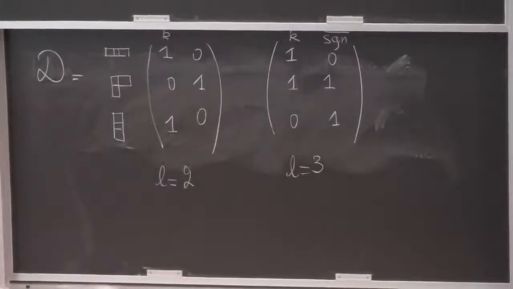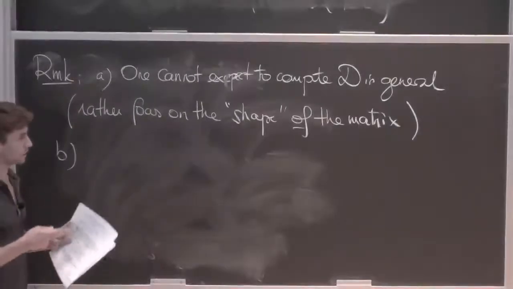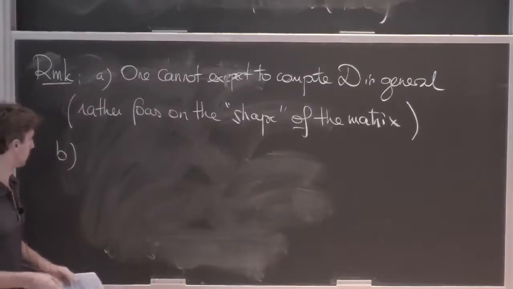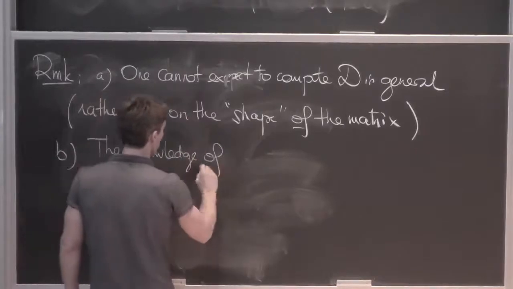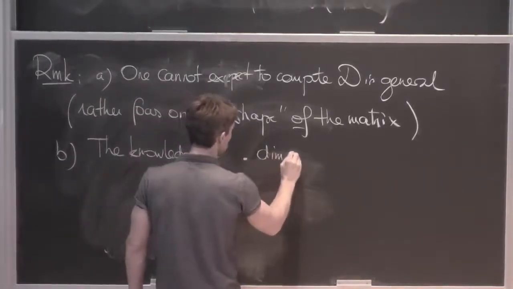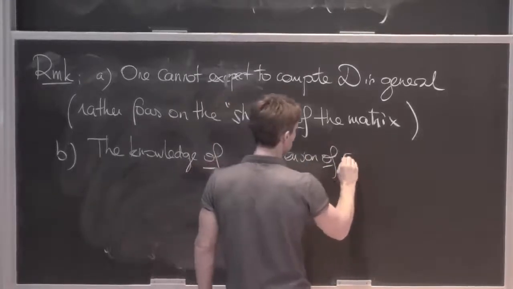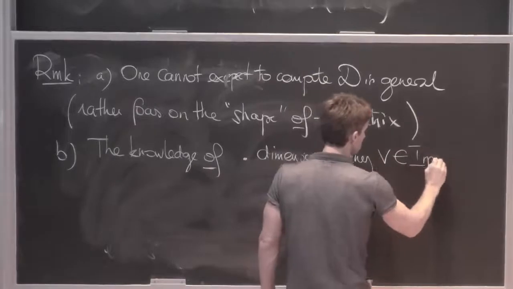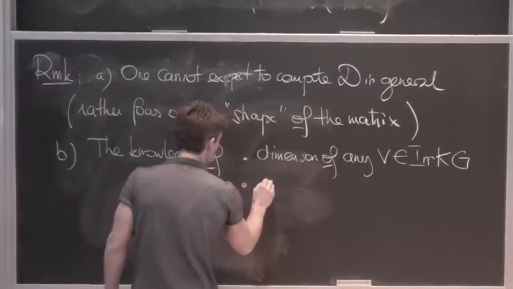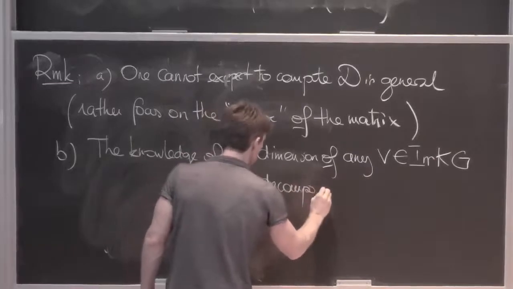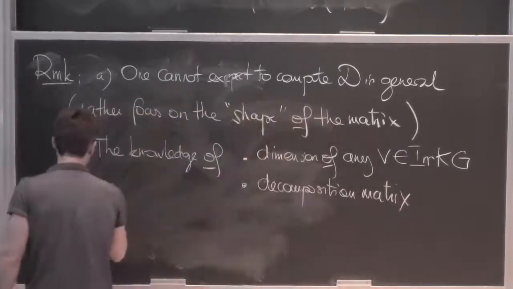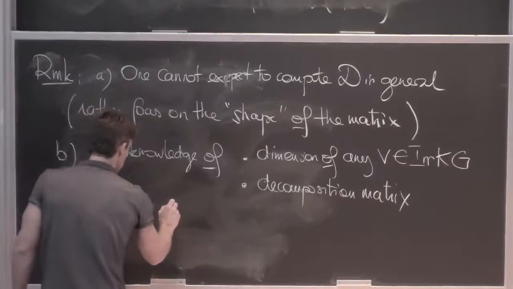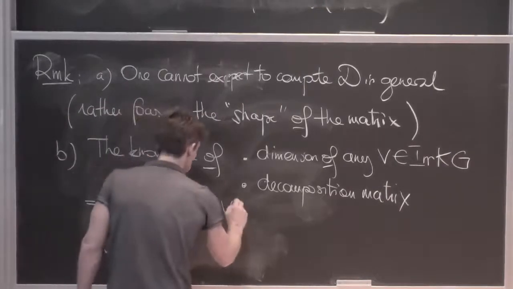One consequence is that if you know the dimension of all the irreducible representations in characteristic 0 and the decomposition matrix, you can know the dimension of the simple modules in characteristic L. So the knowledge of both the dimensions of the irreducible representations in characteristic 0 and the decomposition matrix gives you the dimension of any representation in positive characteristic.